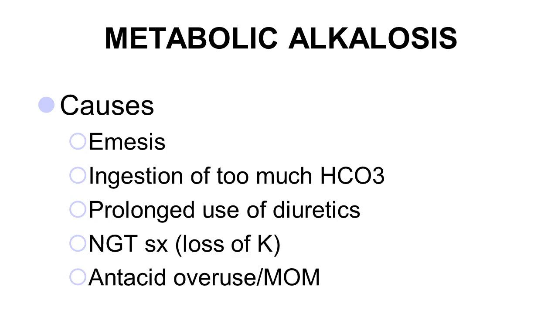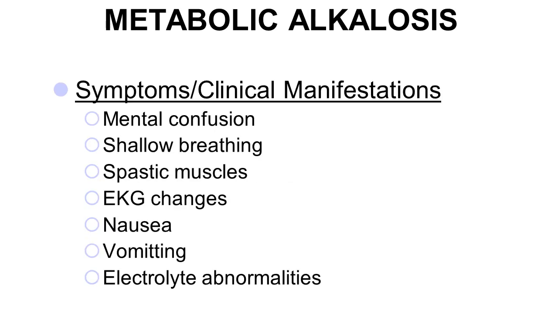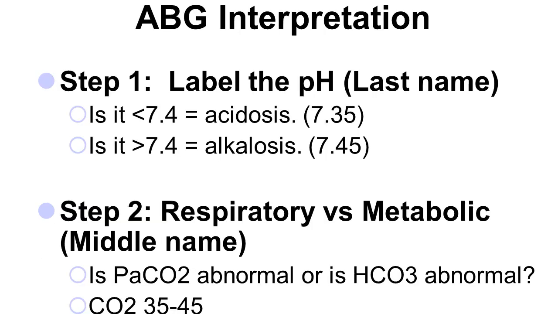And of course, metabolic alkalosis, where someone maybe has very serious vomiting and emesis, where they're bringing up all their gastric juices and gastric acids, can cause them to be metabolically alkalotic. These are what our patients would demonstrate, and again, treatments for that.